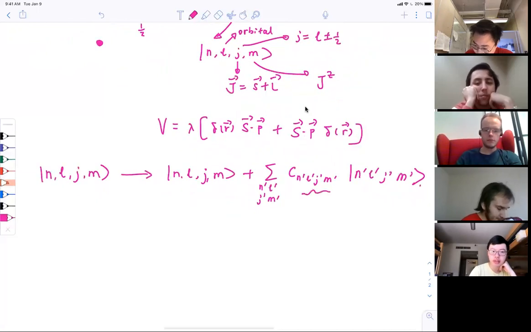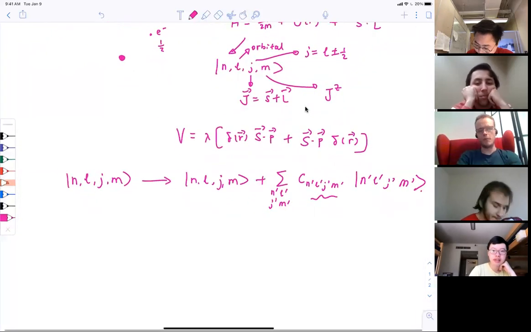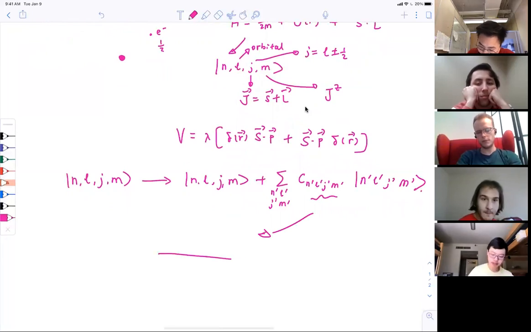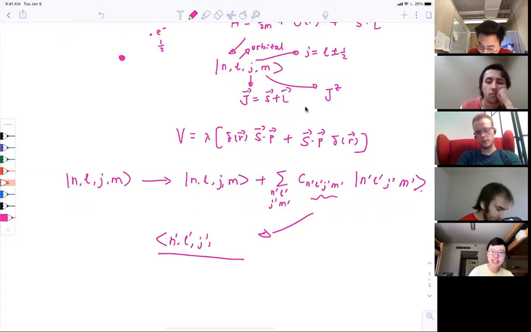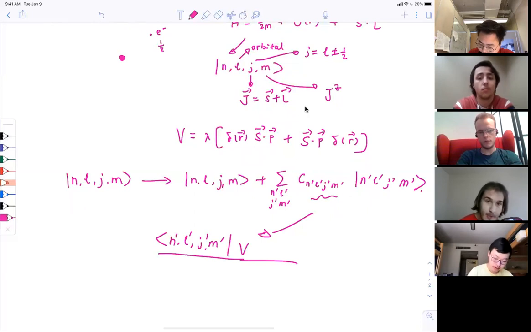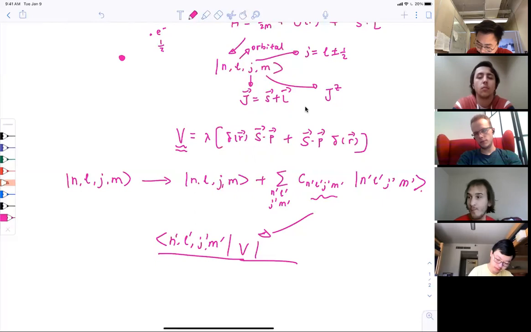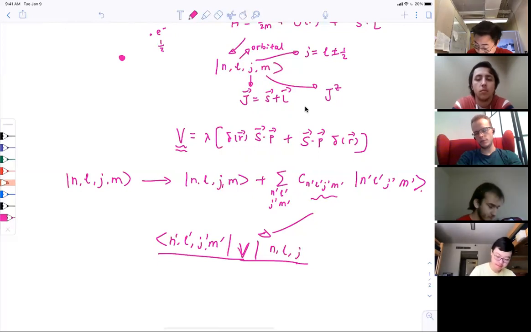And this coefficient is given by the standard perturbation theory, the matrix element between N, L, J, M and N prime, L prime, J prime, M prime. V is the perturbed potential, and the denominator is the difference of the energy.